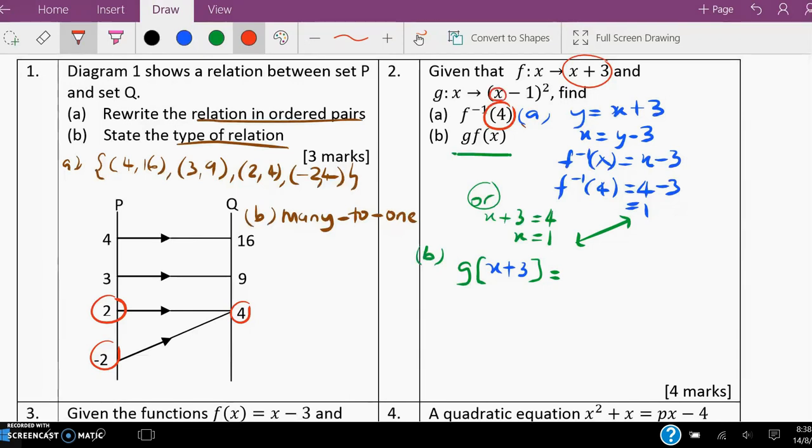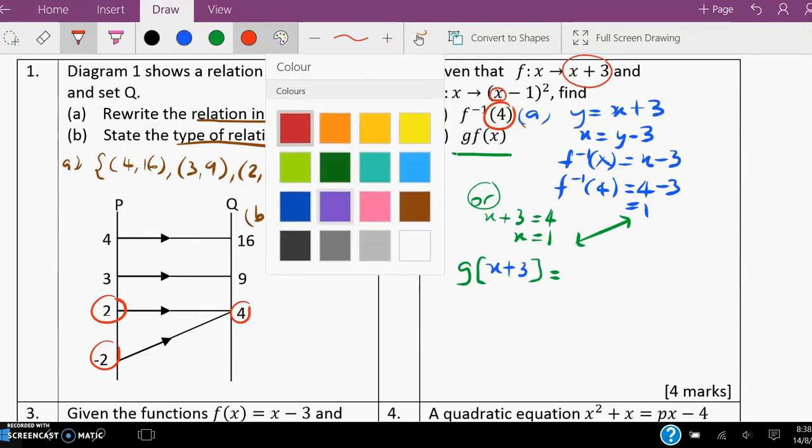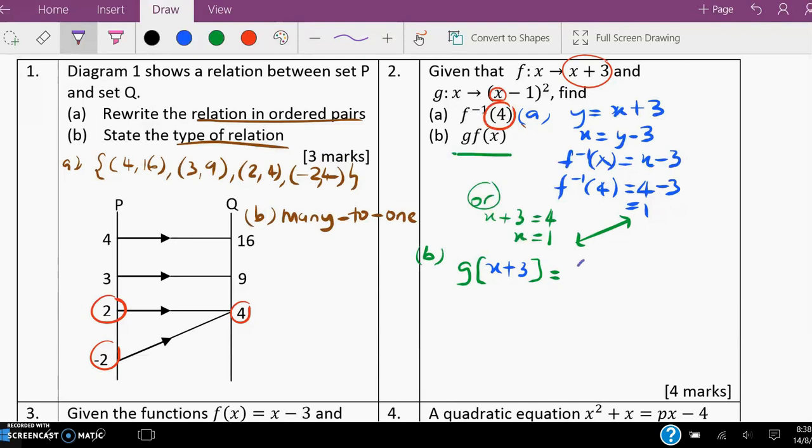So be careful here. I will use the purple one to represent the bracket and minus 1. So the x that we have to replace by x plus 3.